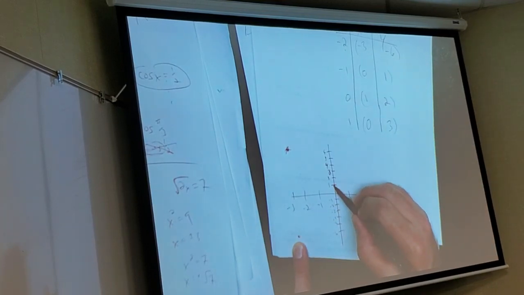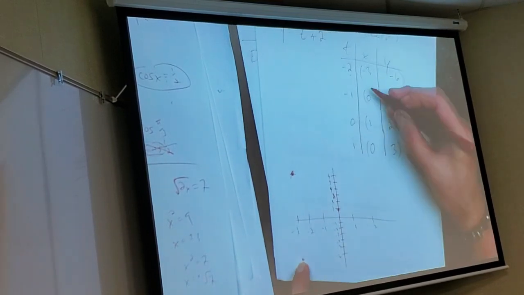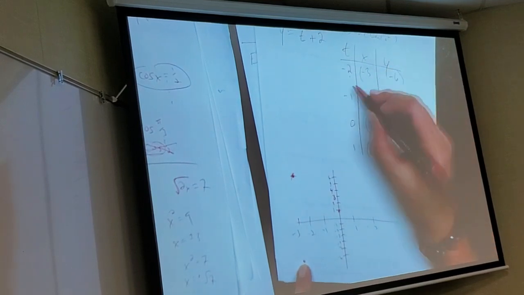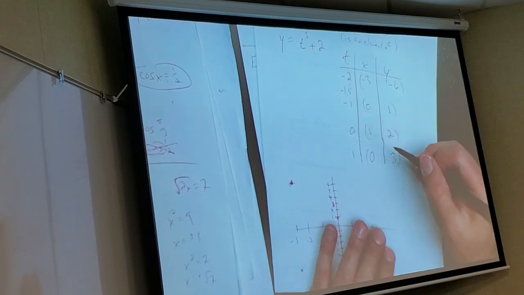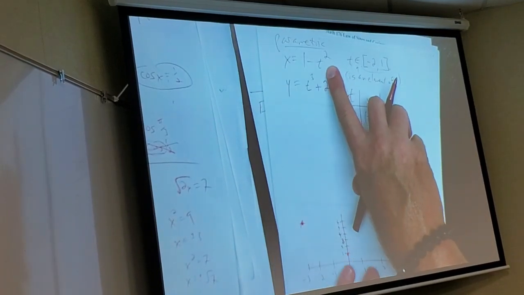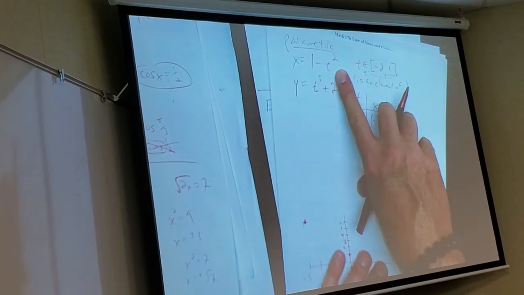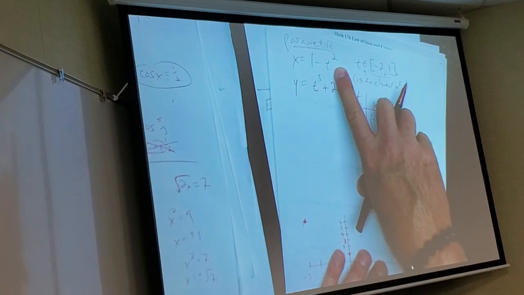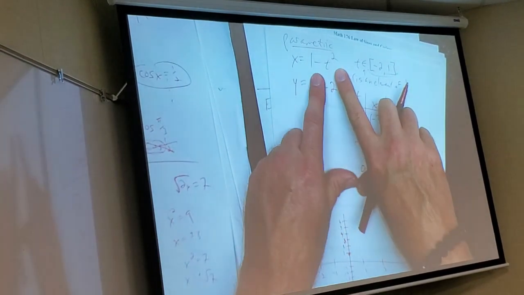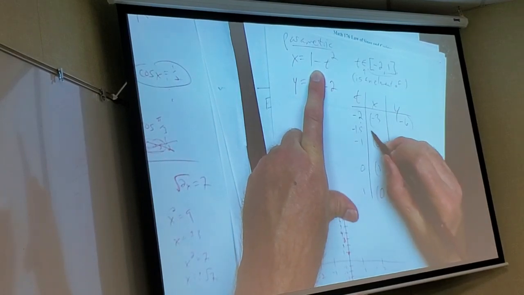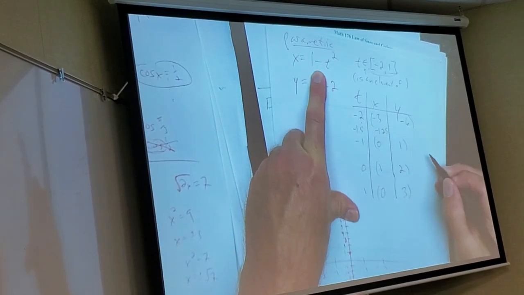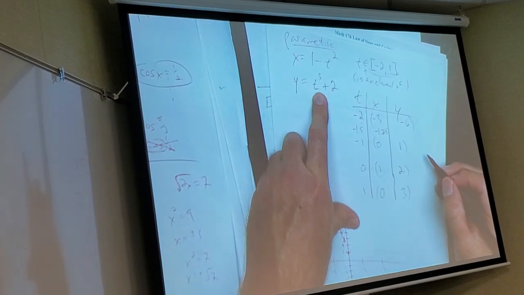I want information between those two, so that's why I left room. So I'm going to do negative 1.5, and of course now I'm going to get some calculator help. I don't know if I can, dude. 2.25. I think that's negative 1.25. If somebody would help me. Is it?